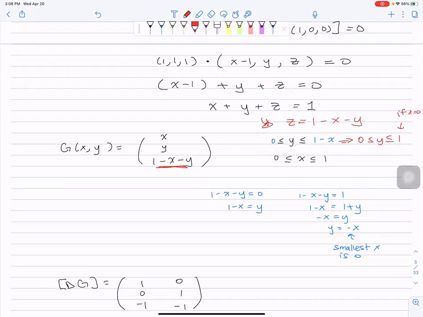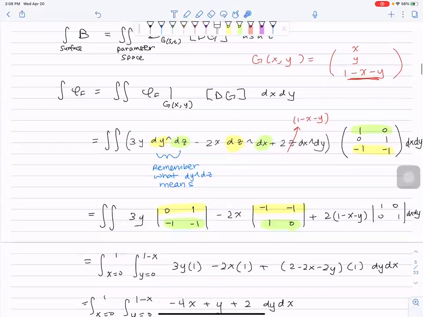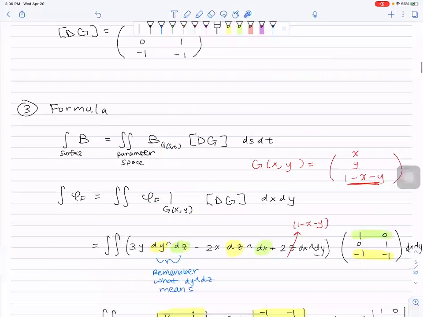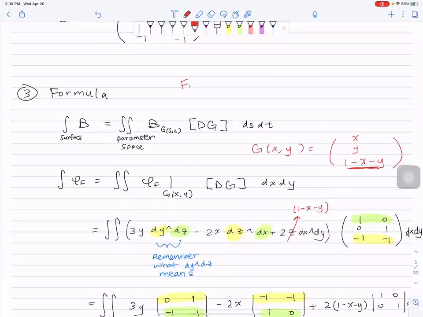When you set up the term, why is it dz dx? So dz dx is the canonical version of how we write a two form. A two form is always some term dy dz plus some other term dz dx plus some other term dx dy.